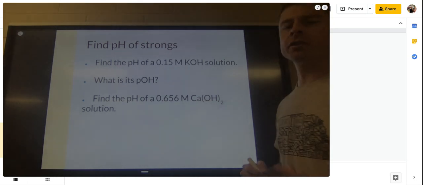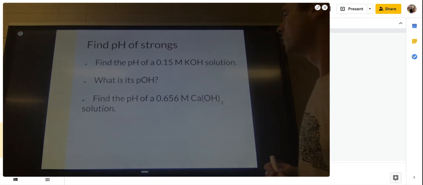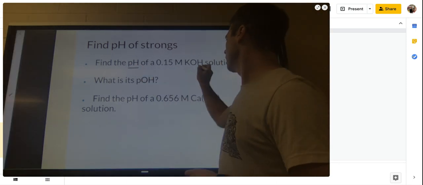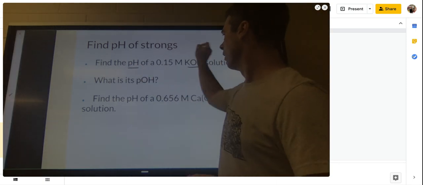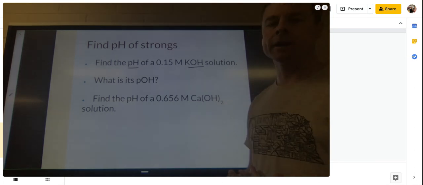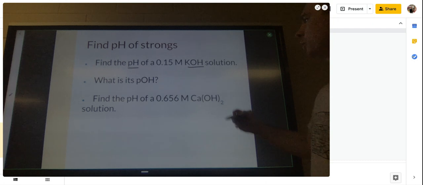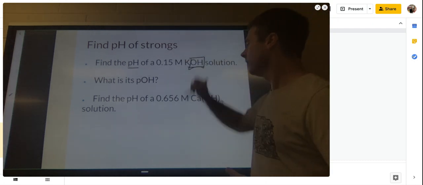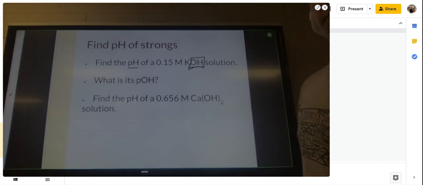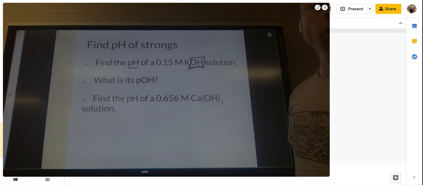This is the dirty trick that professors will do to you. pH and KOH, those two things don't jive. So the easier thing to do when you have a base like this, an Arrhenius base, is to find the pOH, then find the pH.